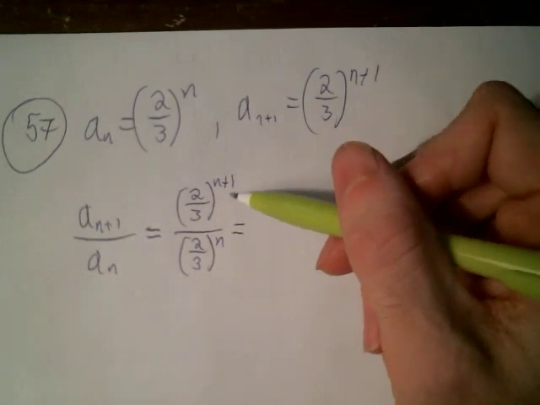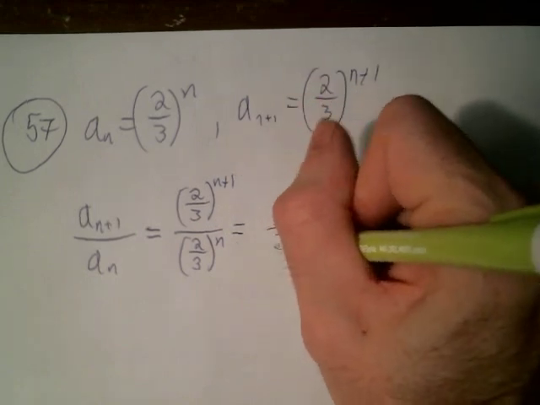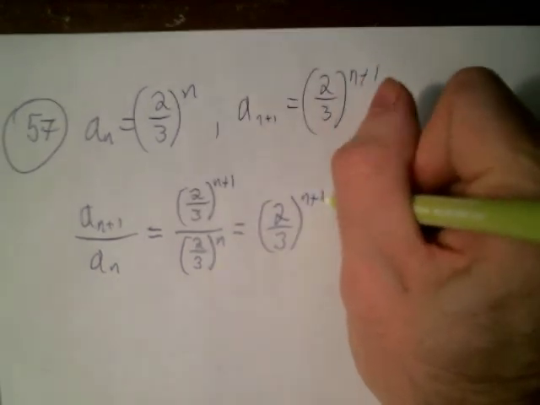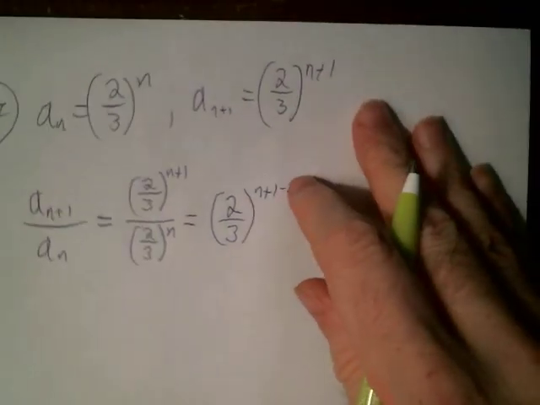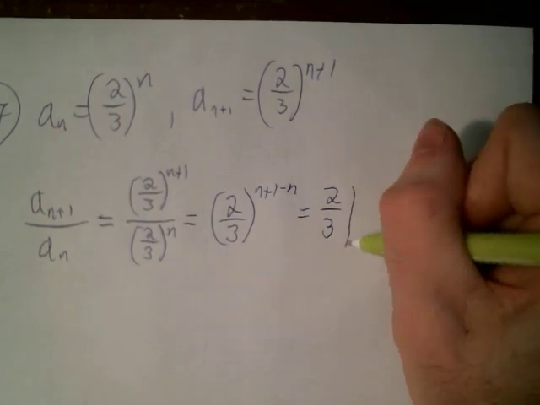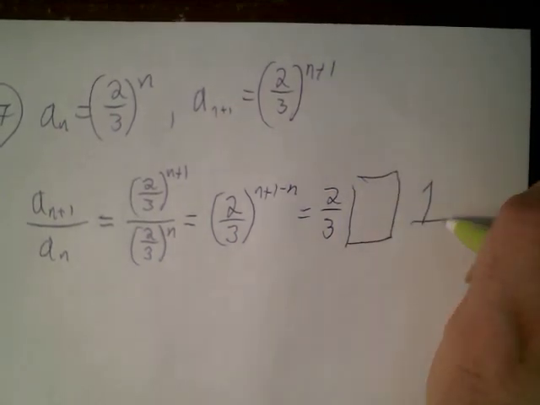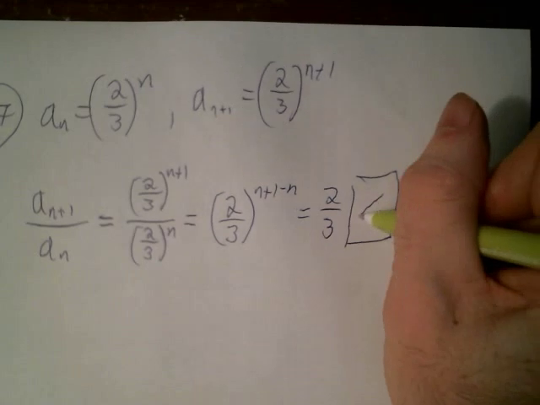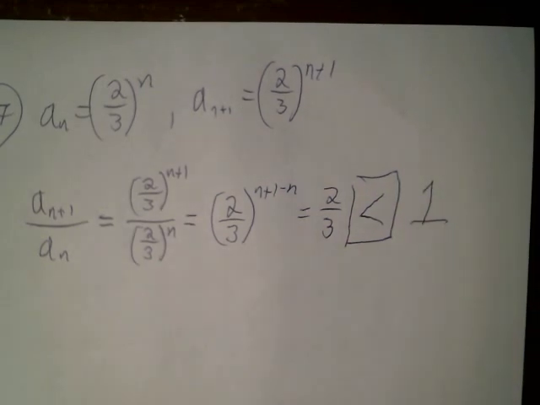Rules of exponents say subtract exponents, so I have 2/3 to the n plus 1 minus n. In other words, 2/3 to the 1, which is 2/3. And then you compare that to 1. That thing is less than 1, so that tells us it's non-increasing.